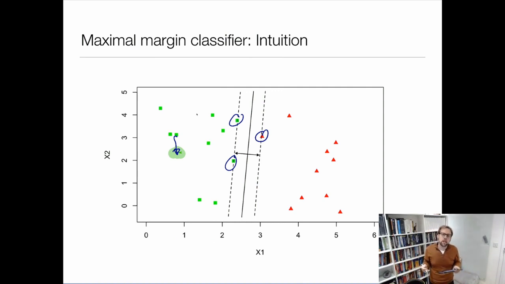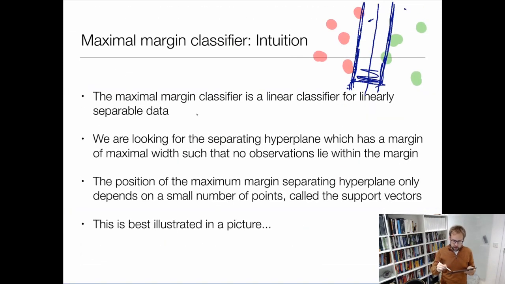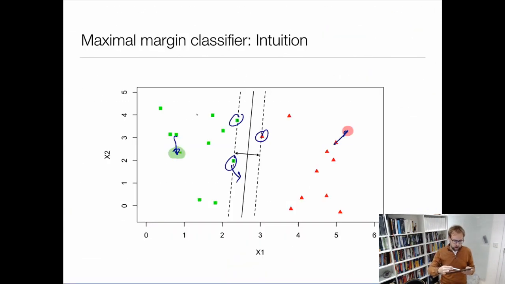It doesn't change at all. Similarly, for any of the other points out here, if one of these points would be moving, nothing really happens. But if any of those 3 points here moves, it will shift the whole hyperplane. If this point here would be moving this way, then maybe my new hyperplane would be turning like this. If one of these points would be moving inwards, for example, you can see how that happens.